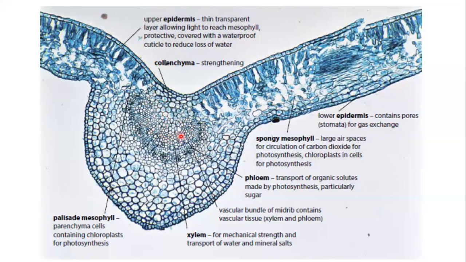These small cells on the inside are our phloem cells. Hold on, just give me 1 second. These cells that you see in the middle, the smaller cells, these are our phloem cells. Okay.